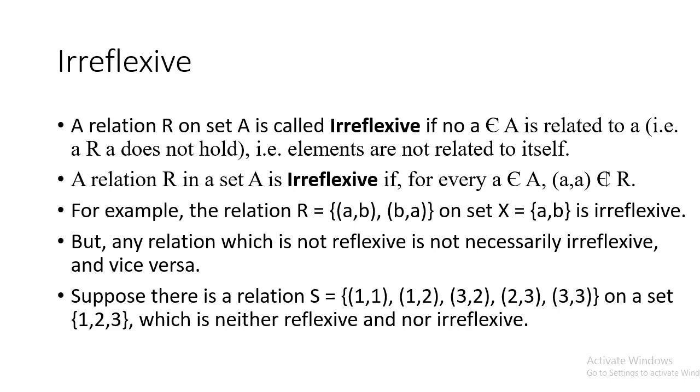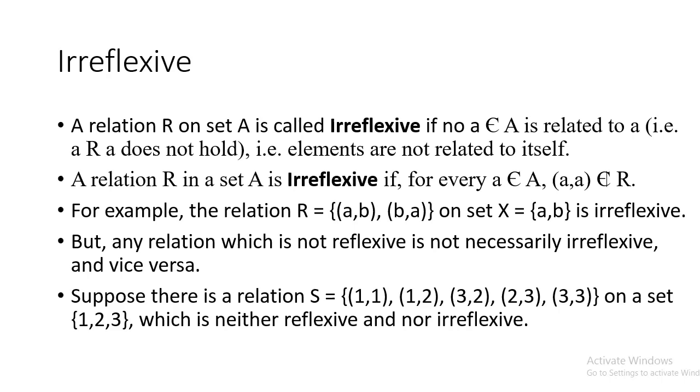Suppose there is a relation S equal to (1,1), (1,2), (3,2), (2,3) and (3,3). These are the ordered pairs included in the relation S on the set {1, 2, 3}. This relation S is neither reflexive nor irreflexive. How can we say that?